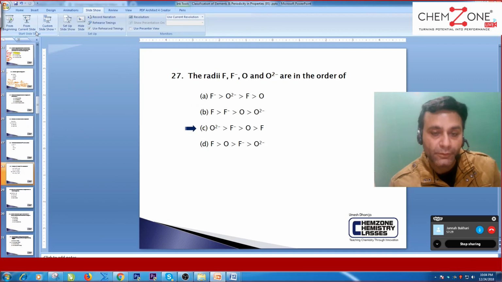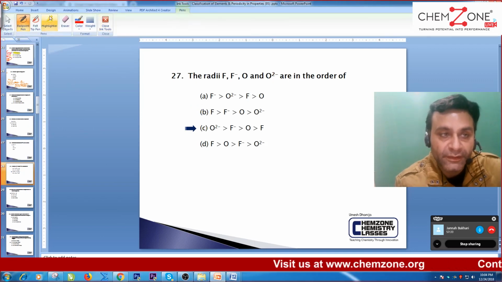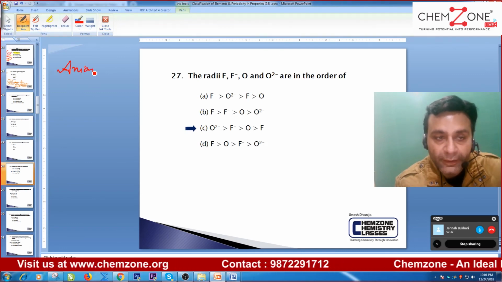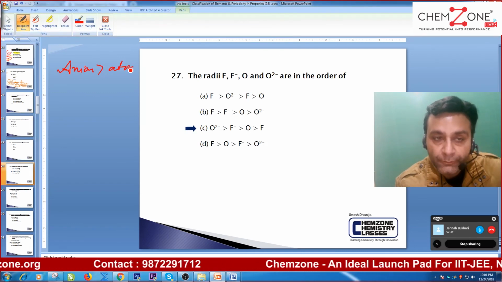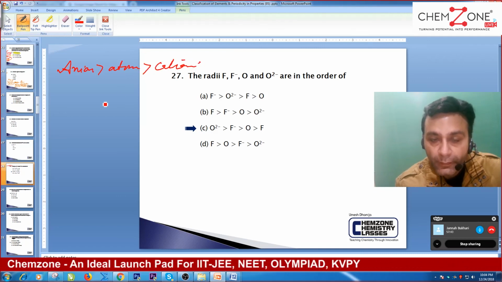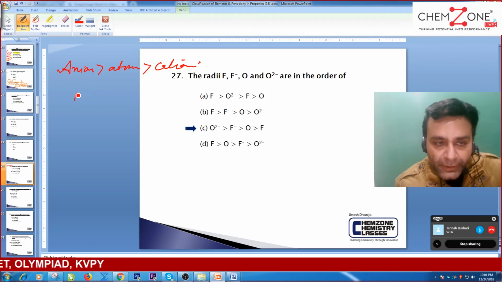One thing is very clear, that an anion is always bigger than the normal atom, and a cation is smaller. If you compare F negative and O2 negative, are these isoelectronic? Don't you think so? Yes.